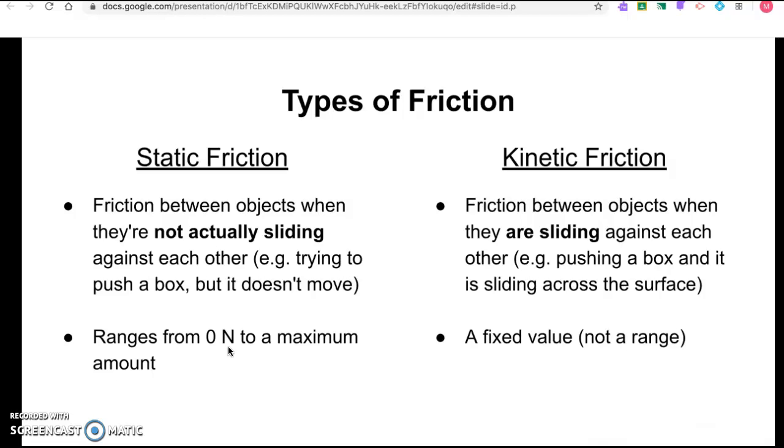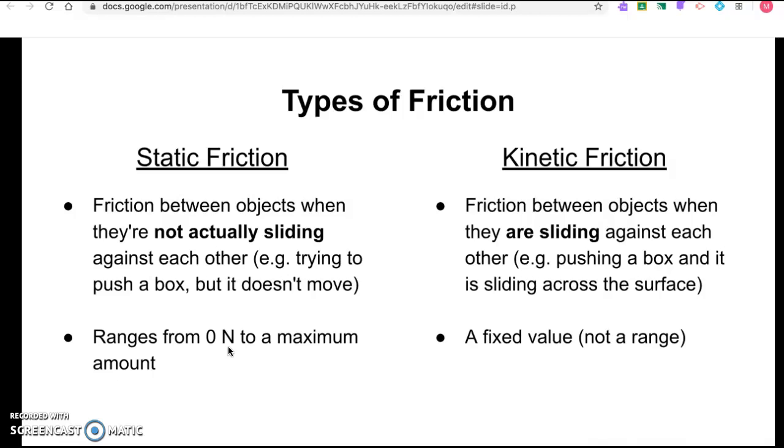Since the book stayed still, that means the forces are balanced. That means that the force of static friction was always matching whatever my applied force was. If I applied 1 Newton, then static friction would be 1 Newton. If I applied 2 Newtons, then static friction would be 2 Newtons. If I applied 10 Newtons and it still didn't move, then static friction would be 10 Newtons, until I get it large enough so that it does move.